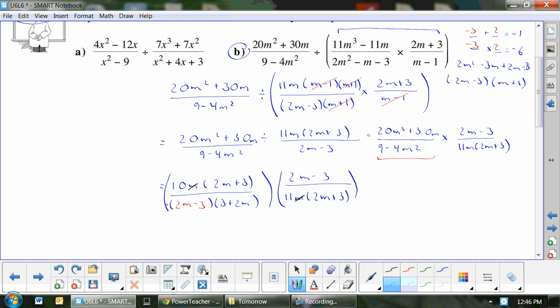We have a 2m plus 3 here, and we have one here. We have a 2m minus 3, and we have one there. So that leaves us with 10 over negative 11, 2m plus 3. Okay, because we still have this 11 here that we can't forget about.